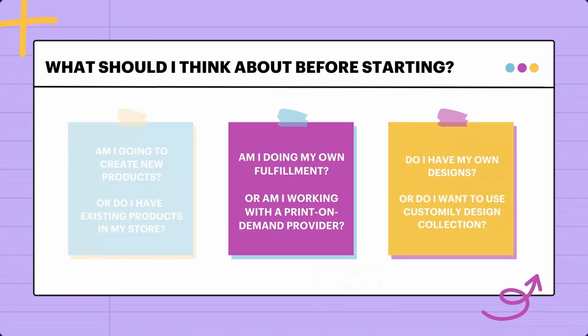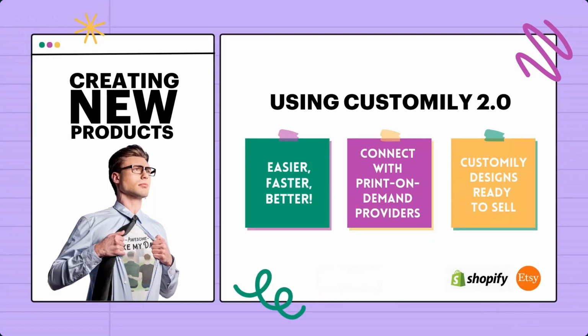Or will I be using pre-made designs from Customily? These two questions will be the entry point to use what we call Customily 2.0. This is our latest update and will allow you to create new listings more easily, faster, and better. This option is only available for Etsy and Shopify stores.